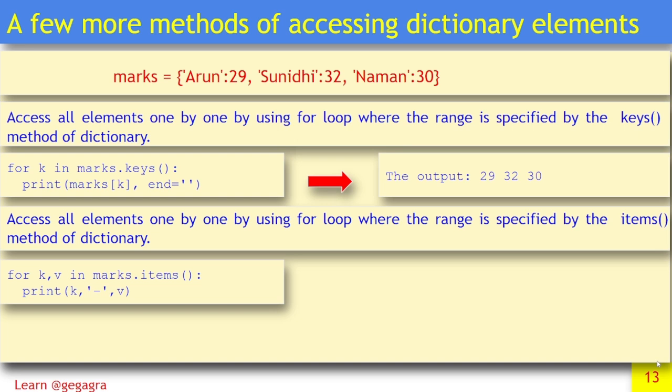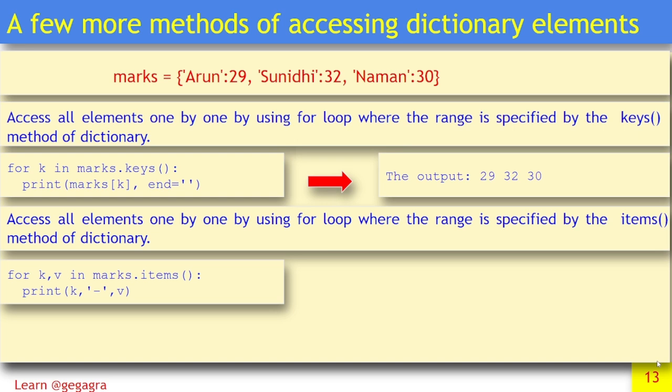So for k comma v, k will read the keys and v will read the values. For k comma v in marks dot items, the items method reads the pair, so the keys will go to the k identifier and the values will move to the v identifier.